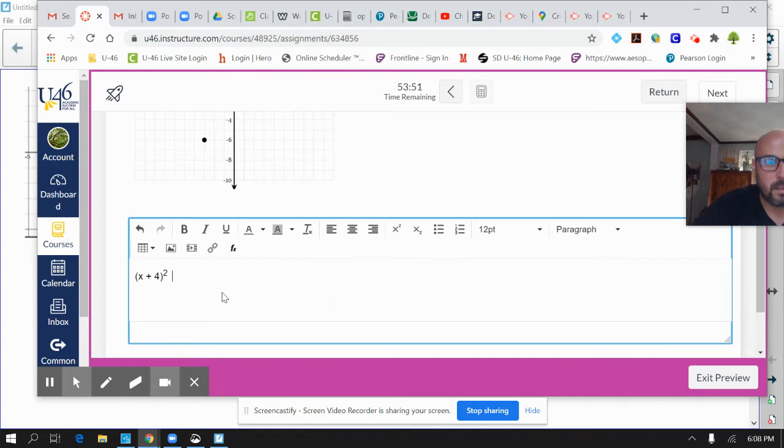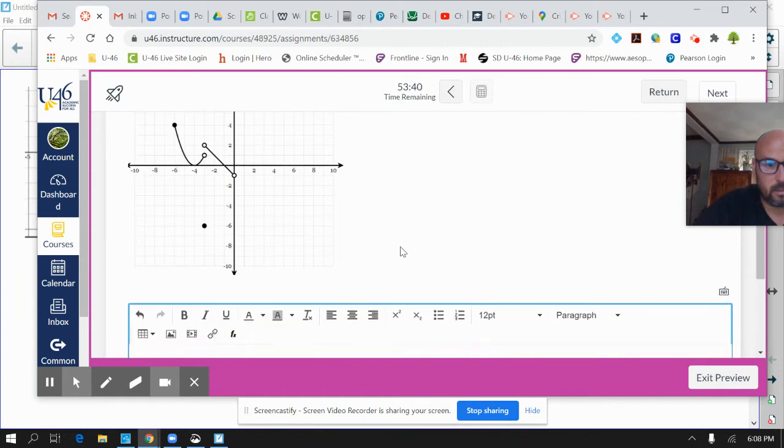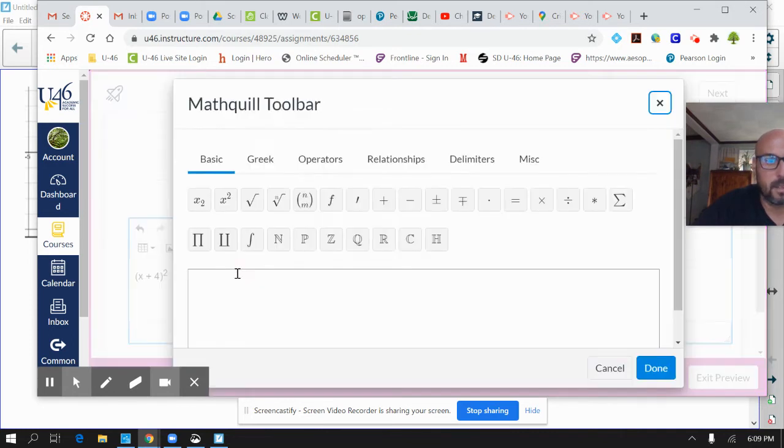But when does this function exist? Everything between -6 and -3, including -6, excluding -3. So here I don't have a less than or equal to, so I need to go to my math quill, unfortunately. Unless one of you could tell me how to write that out.